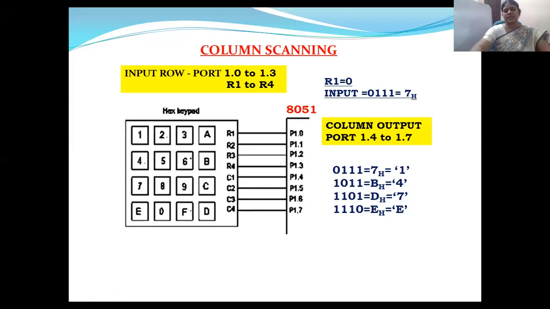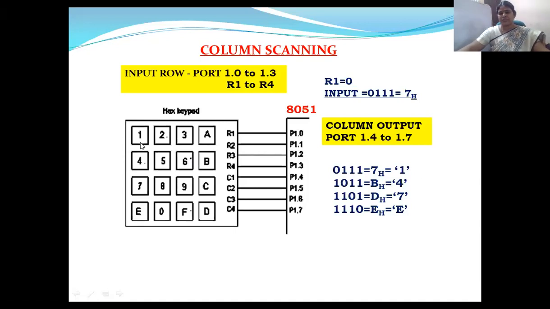Already I said, for column and row we don't have any problem. Anything you can keep as row, anything you can keep as column. On this keypad, you can make this one the row or this one the row. 147E you can keep as a row, or 123A you can keep as a row. That depends on our wish only. When you write your program, that you have to see.